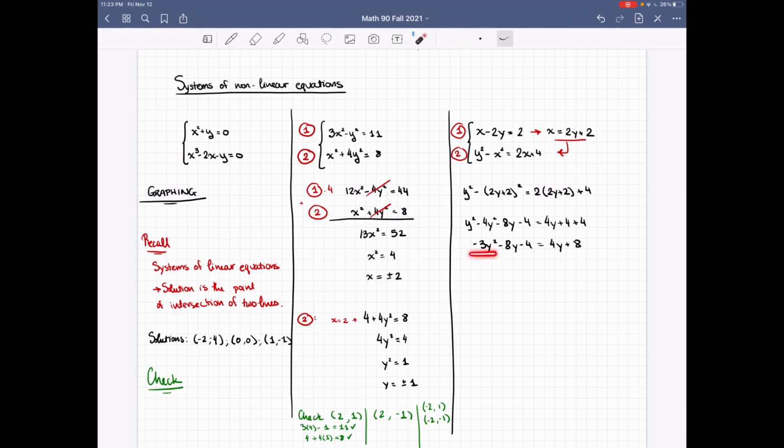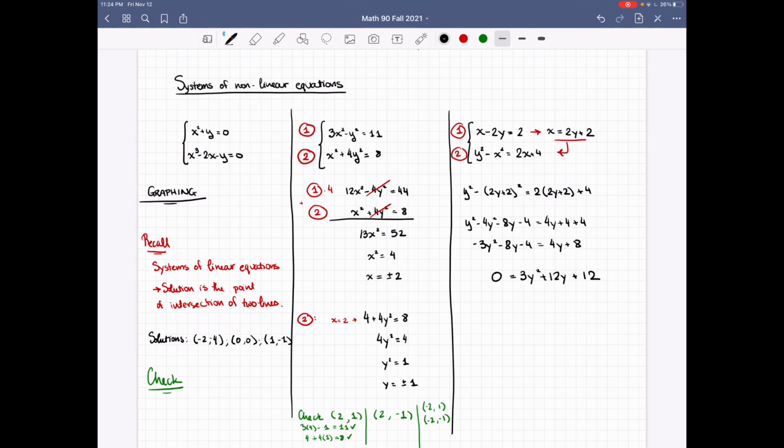You'll notice that everything here on the left is negative. So to avoid having to deal with negatives, I'm going to go ahead and add everything on the left-hand side over to the right-hand side, setting my left side to 0. So I have 0 is equal to 3y squared plus 12y plus 12.